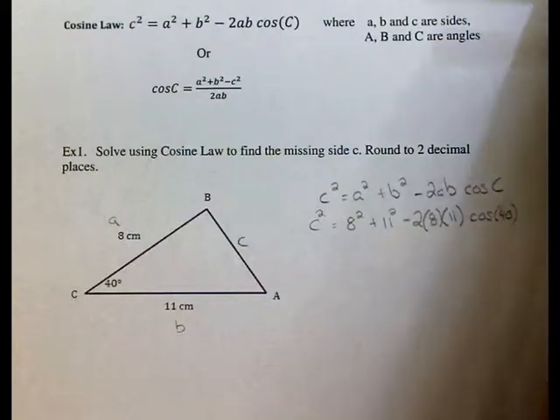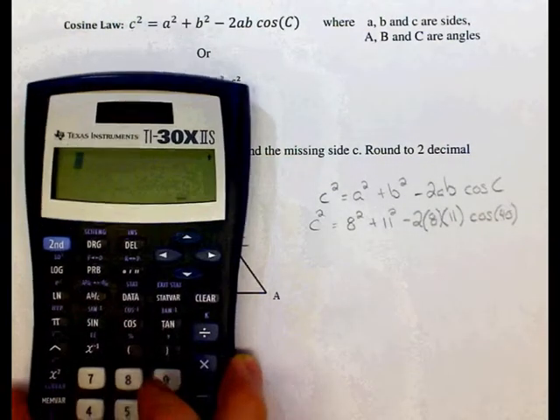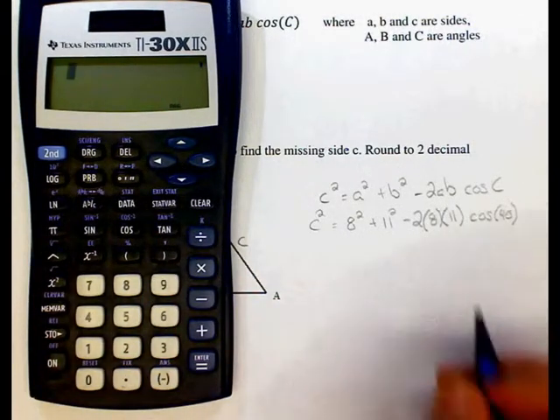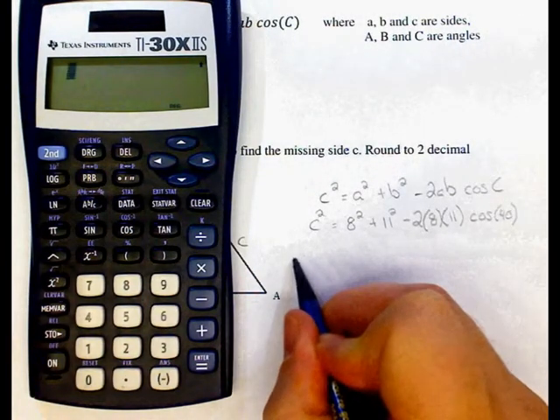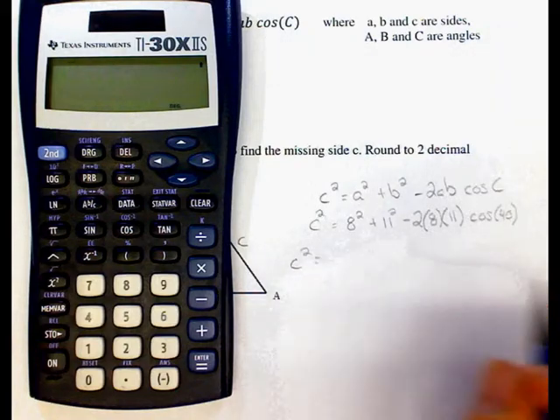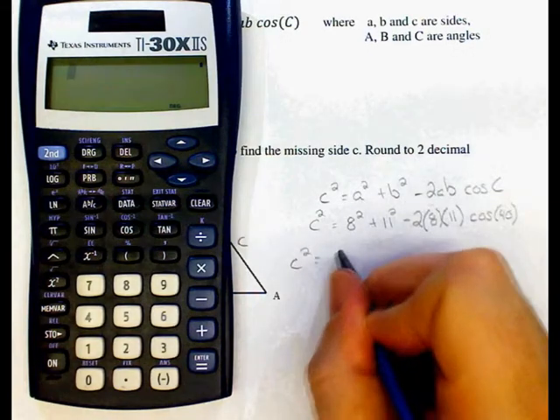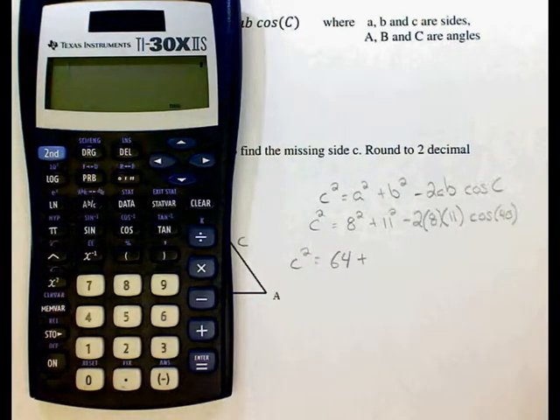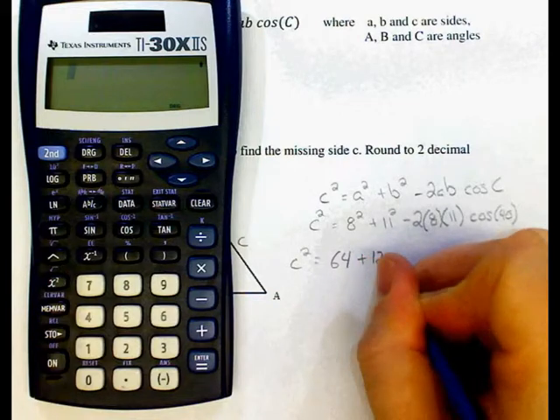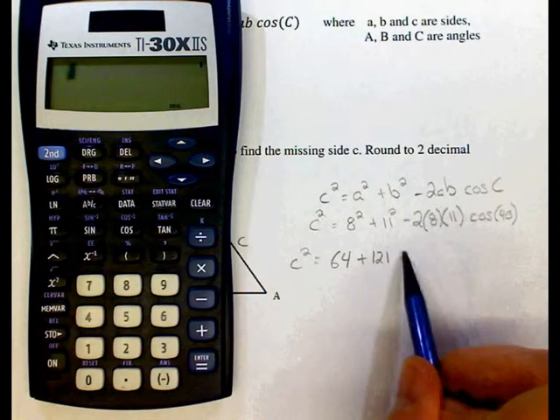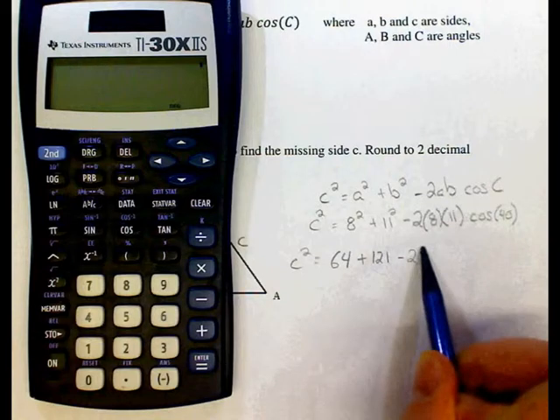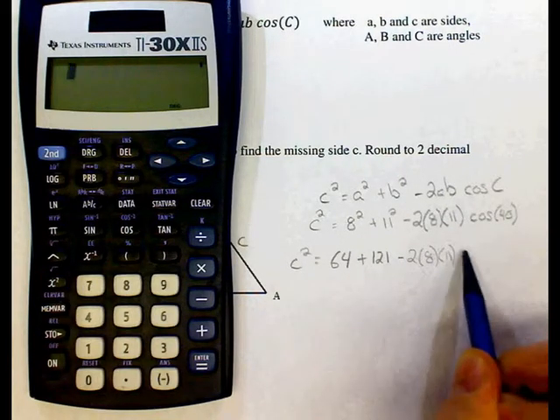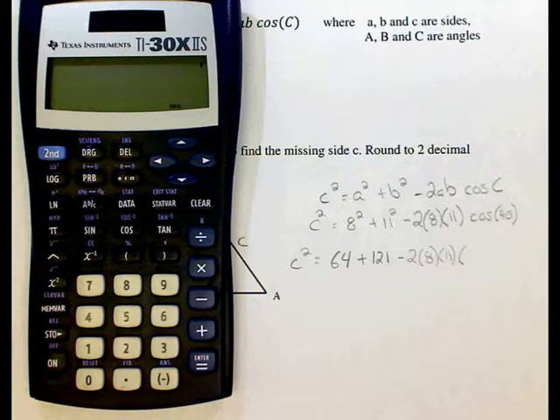So let's pull out our calculator. Let's start with 8 squared. So c squared equals 8 times 8, 64, plus 11 squared, 121, minus 2 times 8 times 11 times the cos of 40.